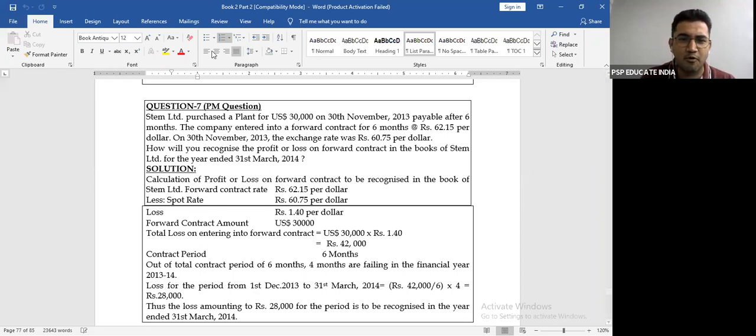So quickly on the chat box, if your purchase is on 30th November and you are supposed to pay after 6 months, what is the due date of payment? Okay, you get 31st May.